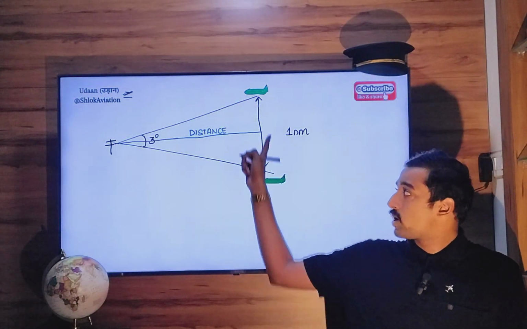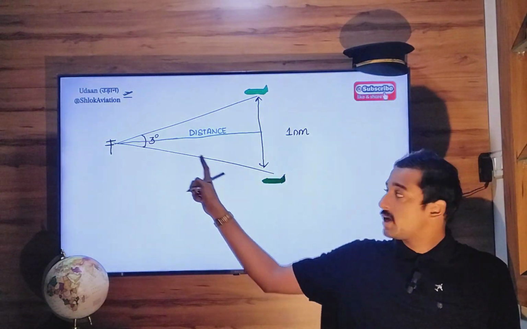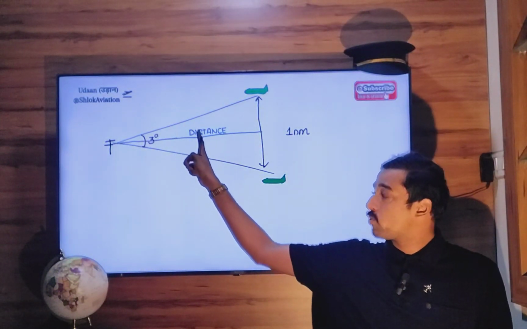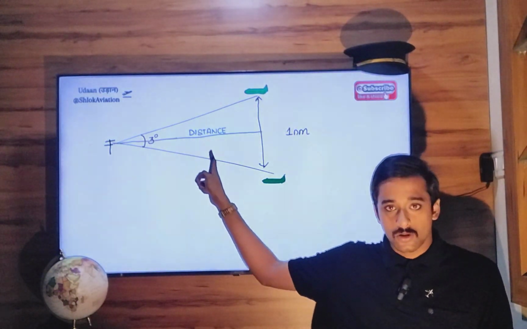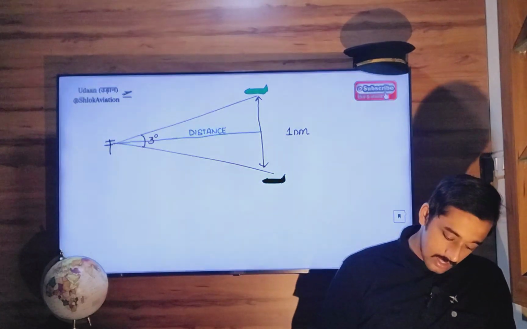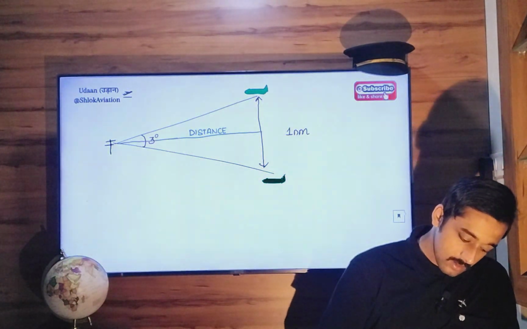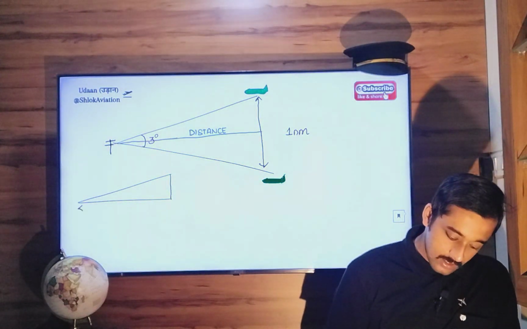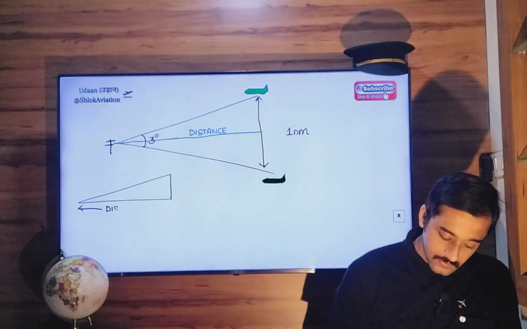The lateral distance is 1 mile, given to us. In order to find this horizontal distance, we will consider one of the triangles out of these two. Let's take the upper triangle and redraw this diagram.